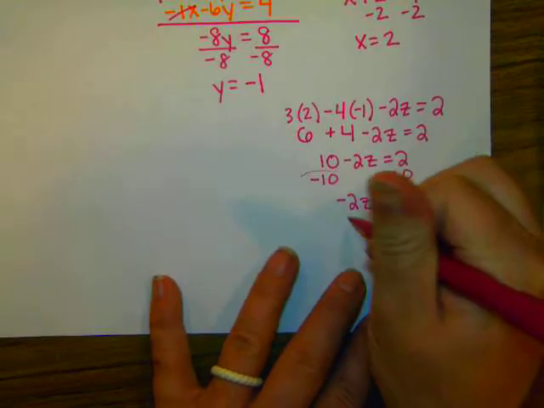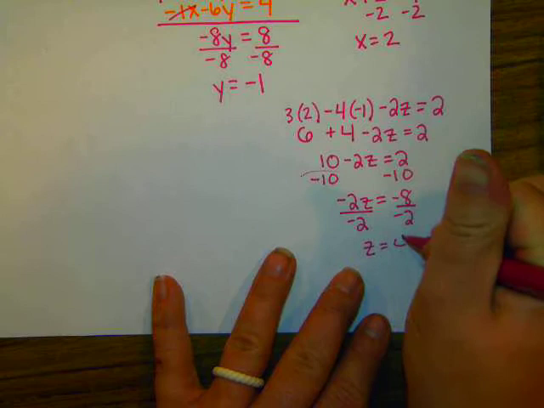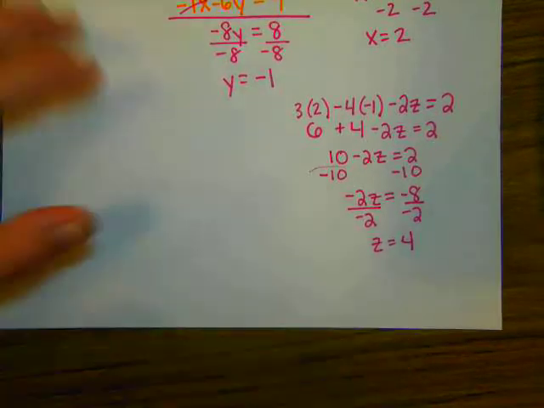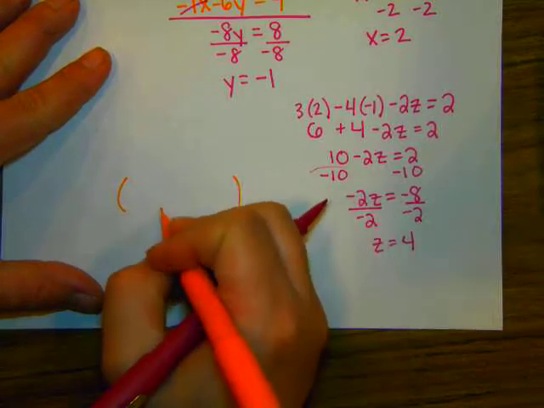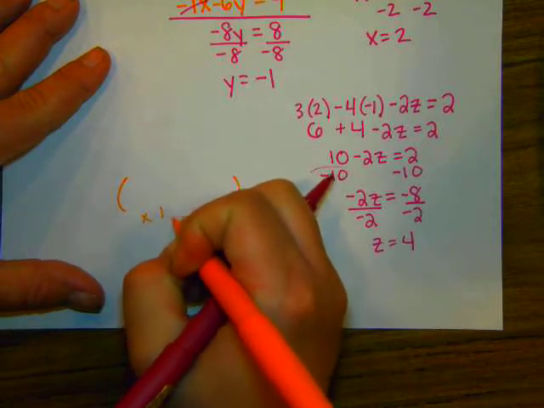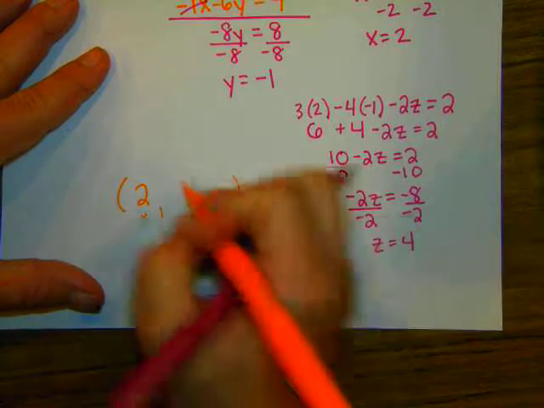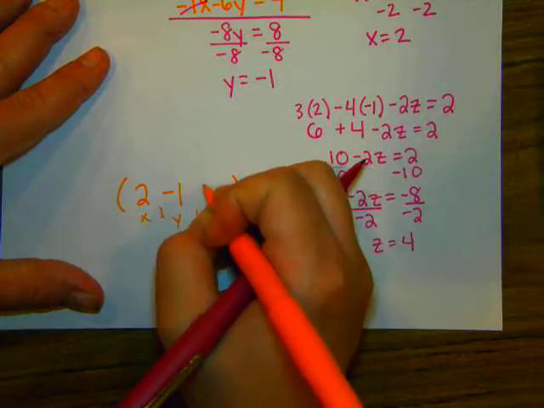And when I divide by -2, z equals 4. So remember, when you write your solution, now that you have one of each variable, it's always alphabetical order. X, Y, and Z. So 2, -1, and 4.